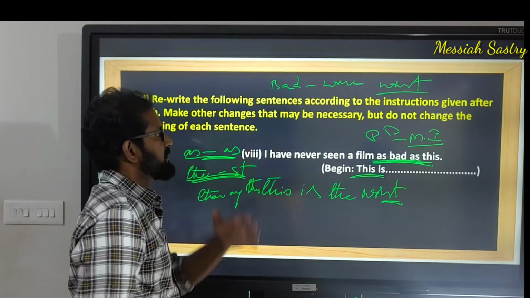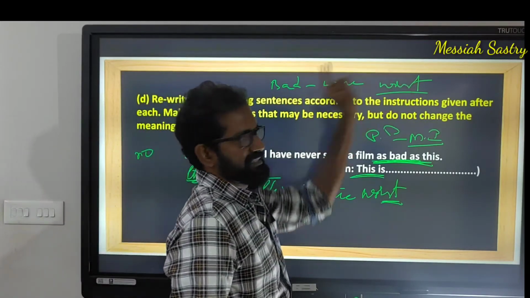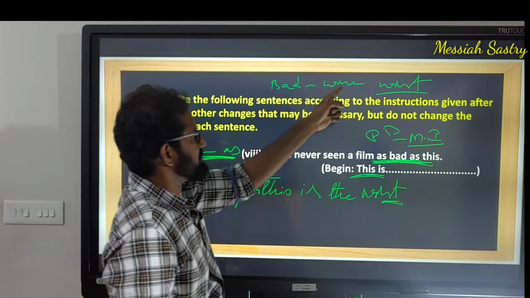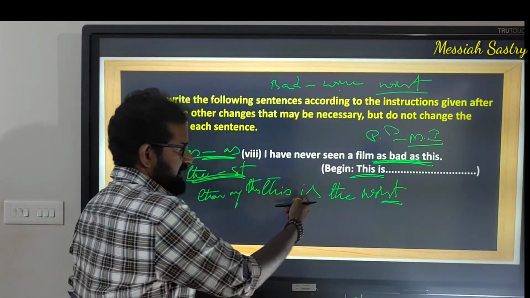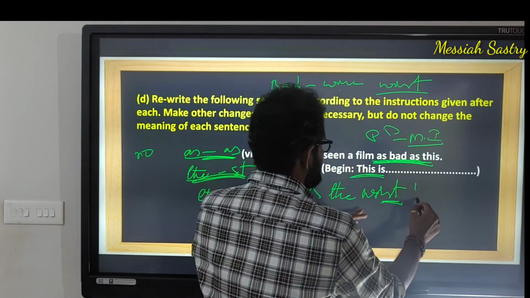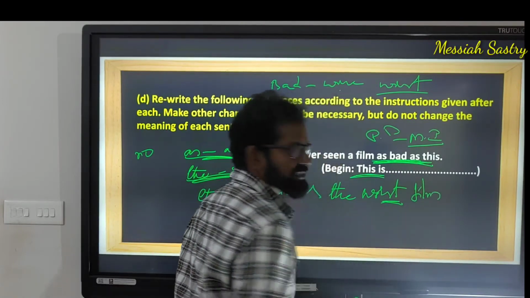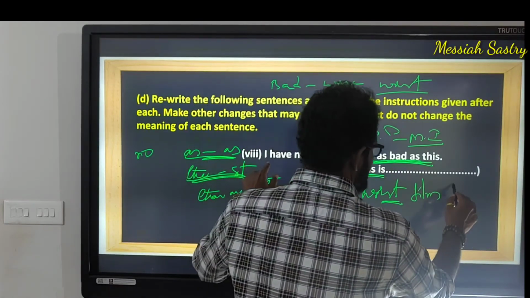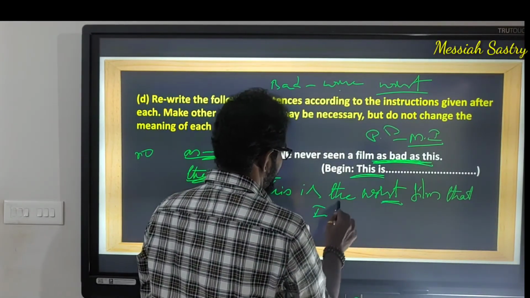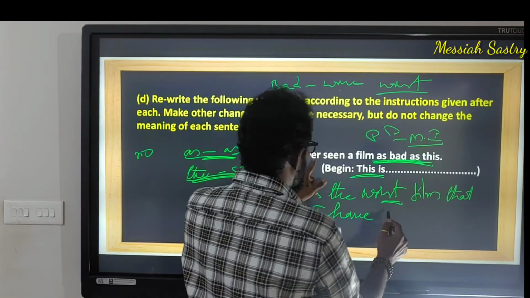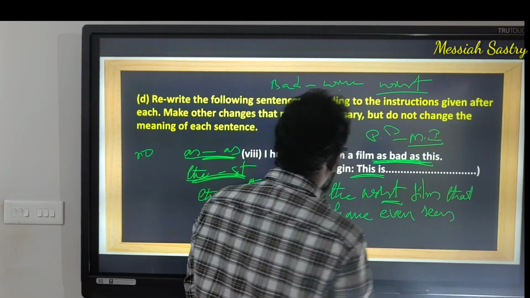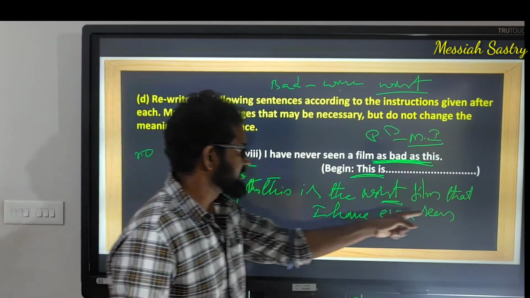When it comes to good: good, better, best. When it comes to bad: bad, worse, worst. So as we are writing here the superlative degree, this is the worst film that I have ever seen. Ever seen, not never seen.